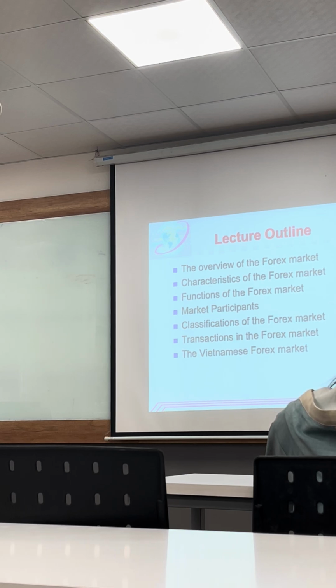And we can have many underlying assets. For example, if the underlying asset is a foreign currency, we call it an exchange rate derivative. If the underlying asset is an interest rate, we call it an interest rate derivative.